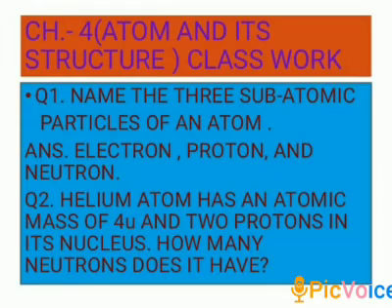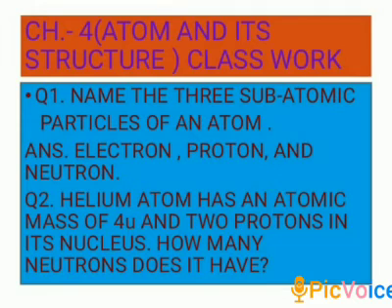Now, question 2. Helium atom has an atomic mass of 4 u and 2 protons in its nucleus. How many neutrons does it have?